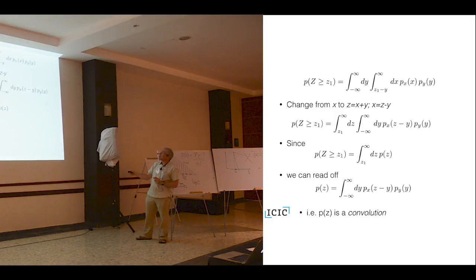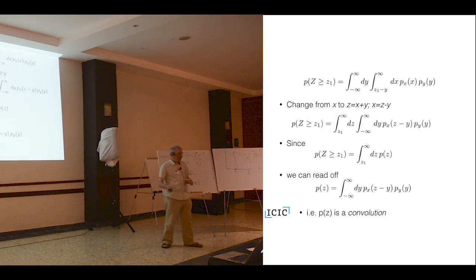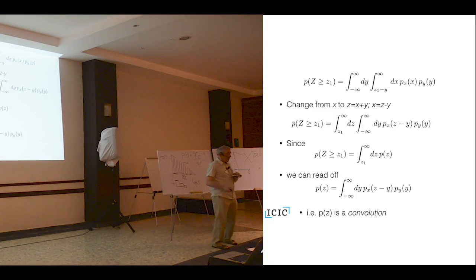This lower limit here should be z1, not minus infinity. So if you then just compare these two, you see that p of z is just this inner integral. And that tells us what the distribution of the sum of two random variables is. And you see that it's a convolution of the probability distribution of x and the probability distribution of y.